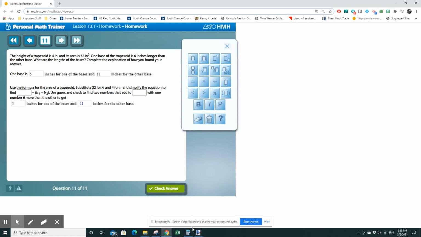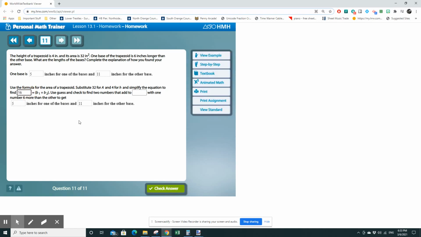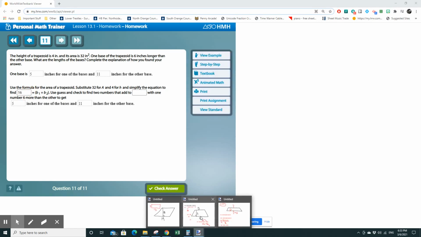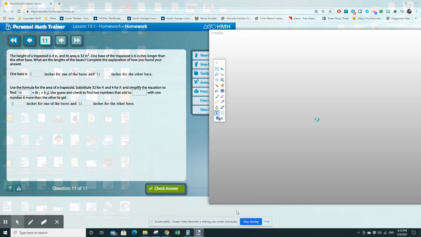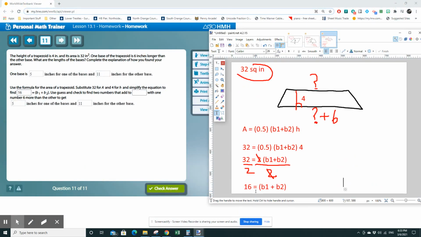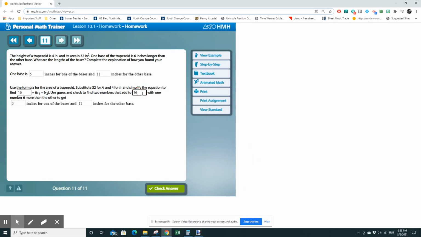Basically, they want you to do 32 divided by 4 divided by 2, which is 2, which gets you 16 equals B1 plus B2, which is kind of what I have right here. And then use that to guess and find two numbers that add to that 16 with one of the numbers being 6 more than the other.